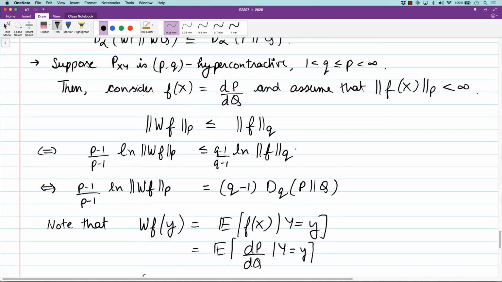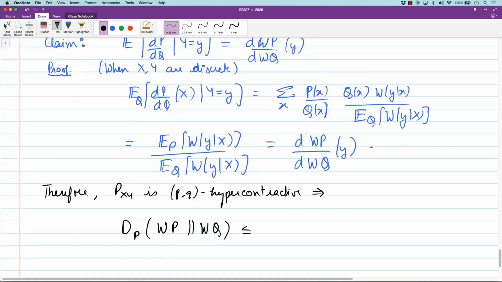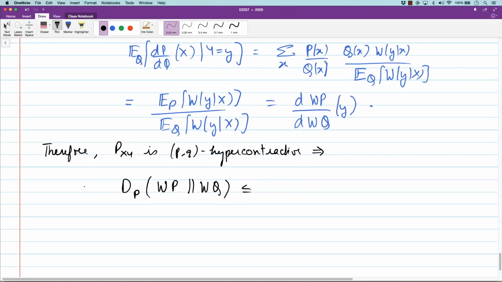Actually, there is this 1/q power here, which must be brought down, because we don't need this 1/q power in D_q. And so this is less than or equal to (p-1)/p, (q-1)/q, D_q(P||Q).